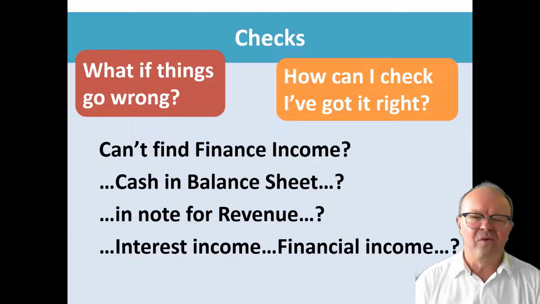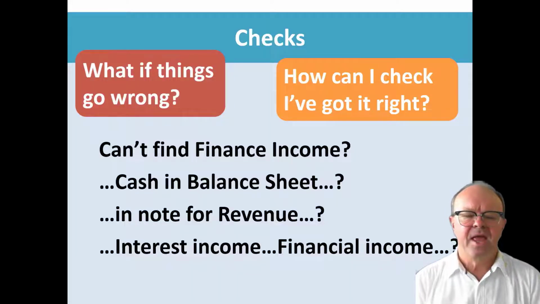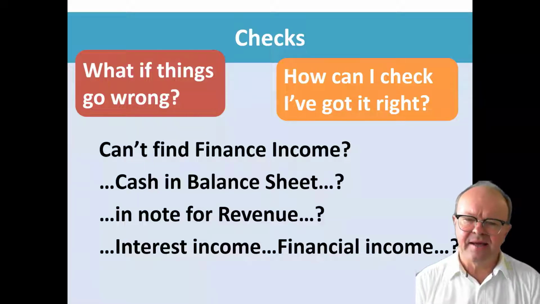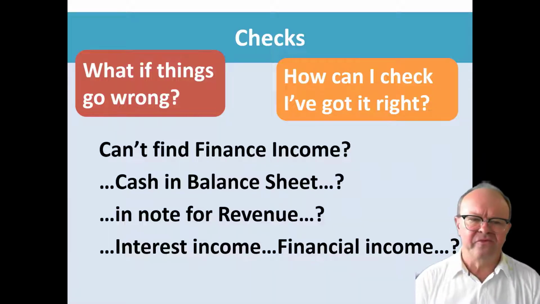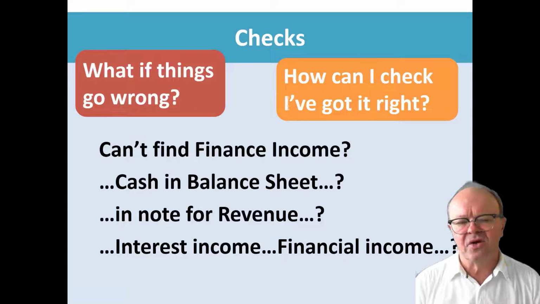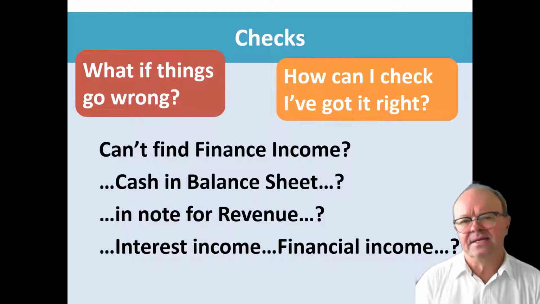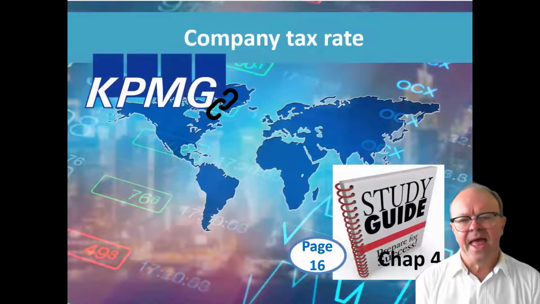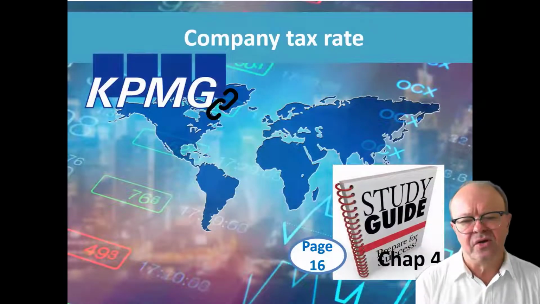It might be footnote 4 or 5 or 6 or whatever it is. Go to that footnote and see if you can find some interest income or finance income shown there. That's typically where it will be if it's not shown on the face of your income statement. So you can find the finance income.